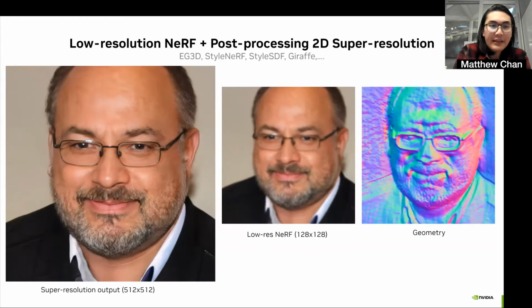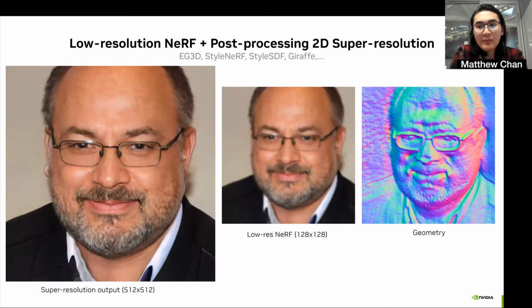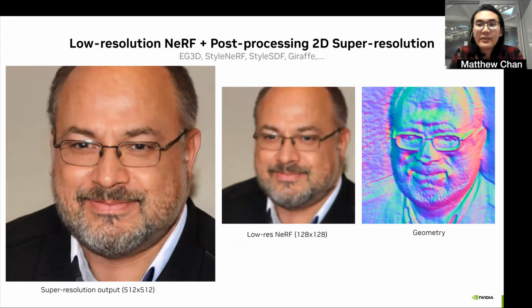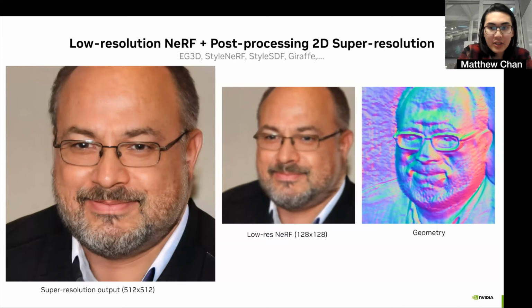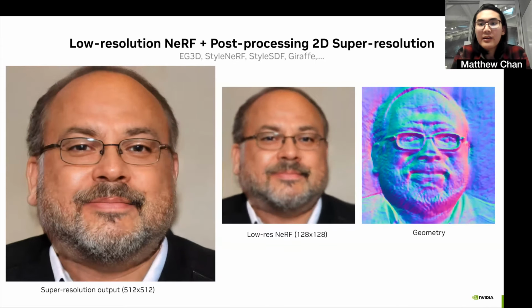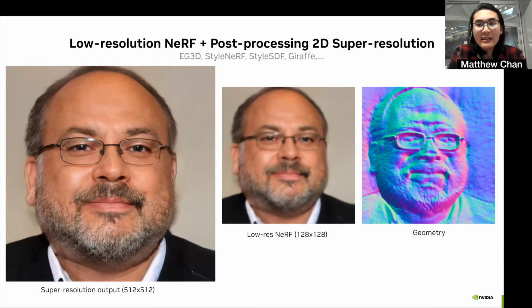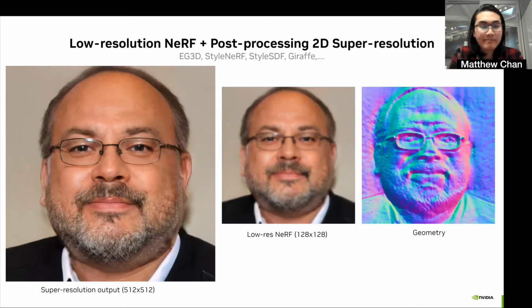And then on the left is the super resolved output. So the underlying 3D object here helps guarantee good geometric quality, and the additional convolutional layers add the missing details and ensure good image sharpness, all while being trained to maintain consistency with the underlying 3D representation.